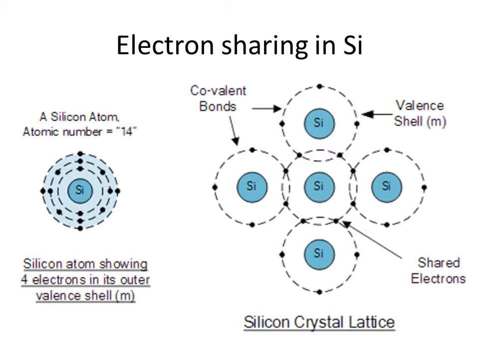You can see the silicon atoms, which are shown using these blue circles. They repeat at regular intervals in space, and you have a layer of silicon, and on top of that you will have a similar layer, and on the bottom also you will have a similar layer. That's exactly what we mean when we say regular arrangement of atoms.